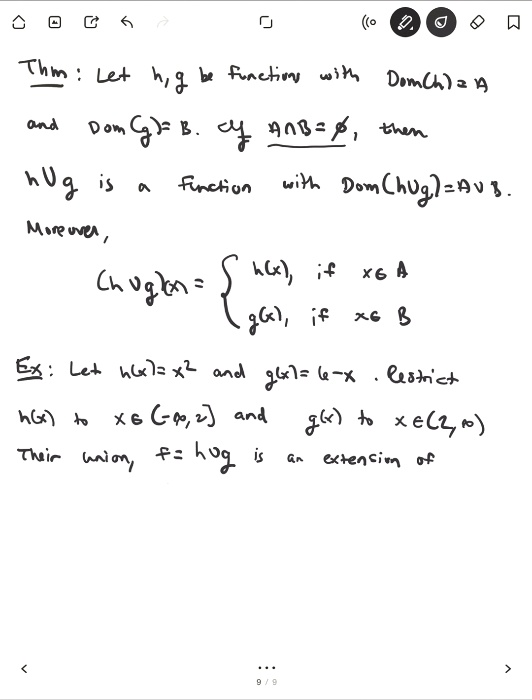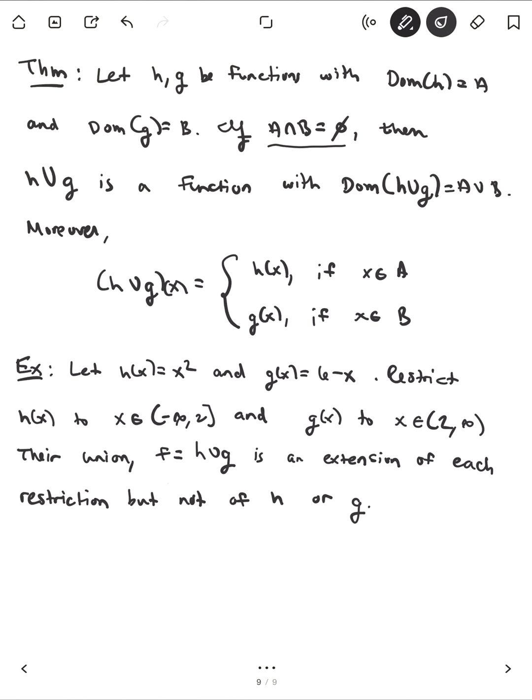Let me rewrite that. It's an extension of each restriction, but not of H or G. Okay?